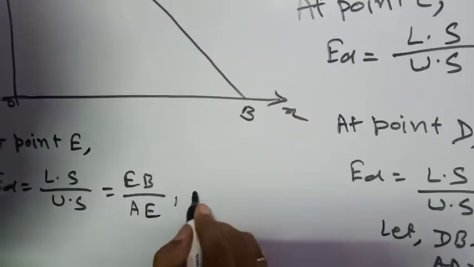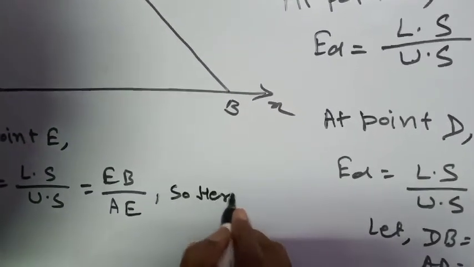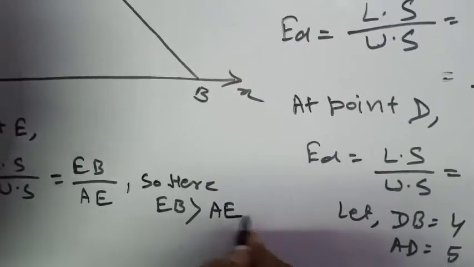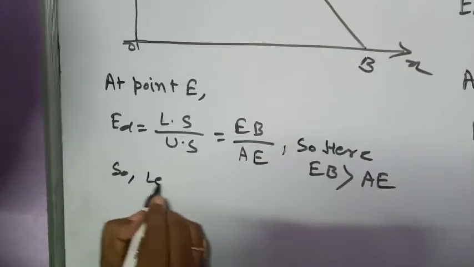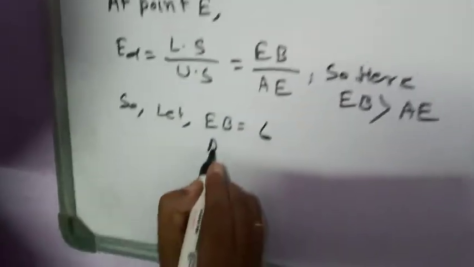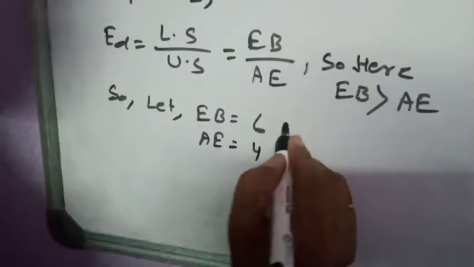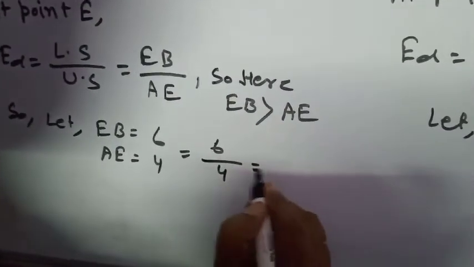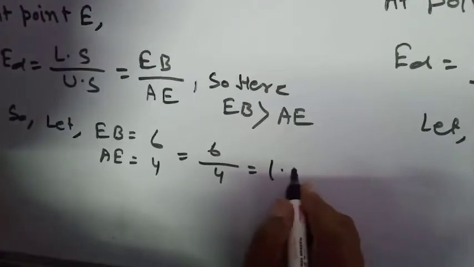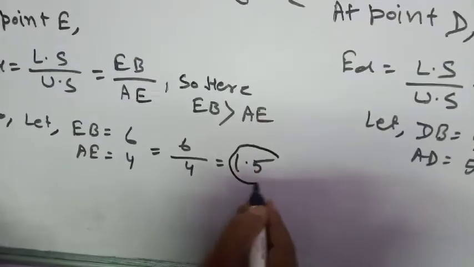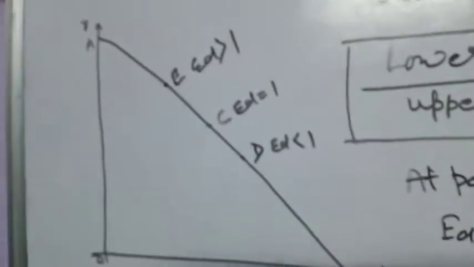Okay, so here EB is greater than AE. So let EB is equal to 6 and AE is equal to 4, then what will happen? 6 divided by 4 is equal to 1.5. Okay, so here this value is greater than 1, so we can write here ED is greater than 1.